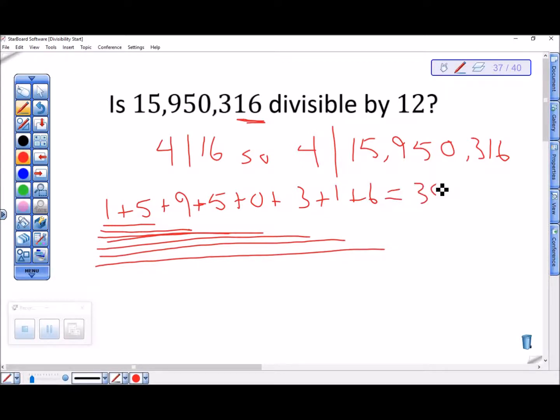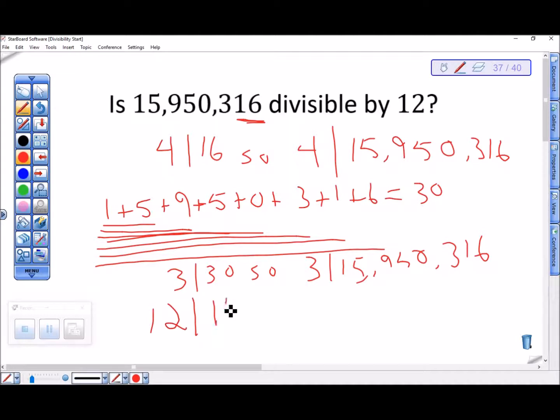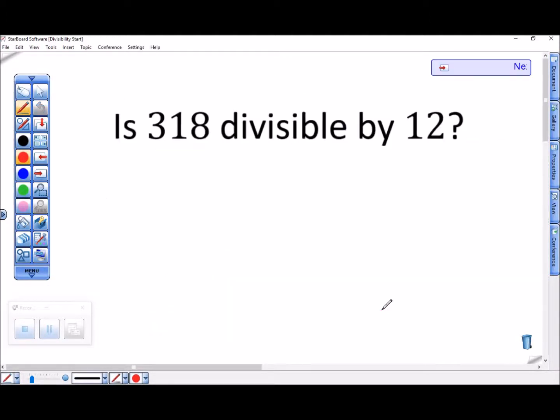So since the sum here is 30, and 30 is divisible by 3, so 3 divides 15,950,316. That gets me to my final conclusion here. Since 4 divides this number, and 3 divides this number, 12 divides this number. So 12 divides 15,950,316.